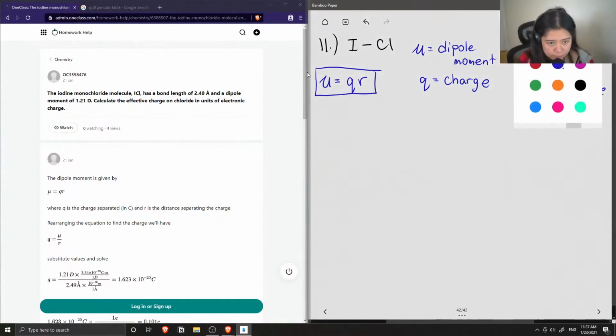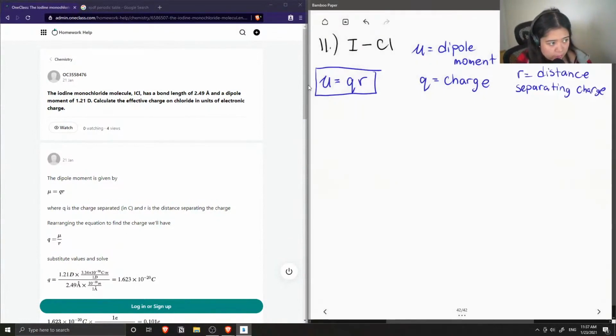Okay, so before we plug anything into this equation, I'm just going to convert all the units so that they are all the same.